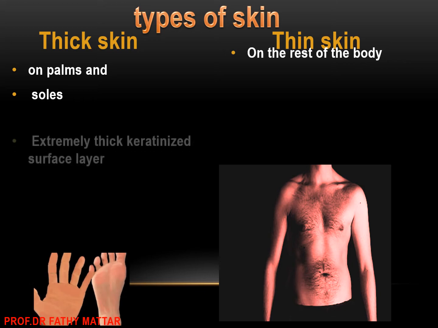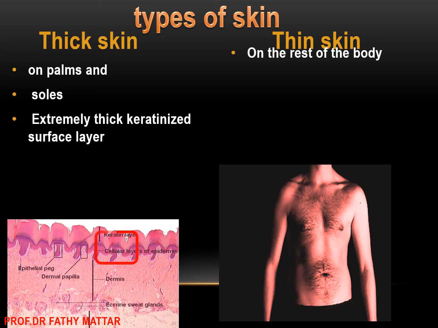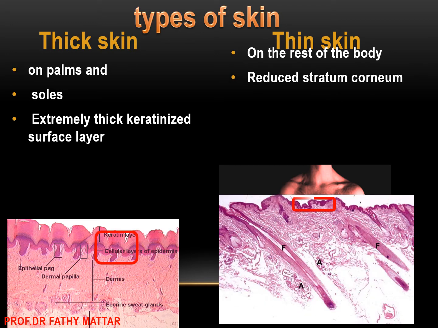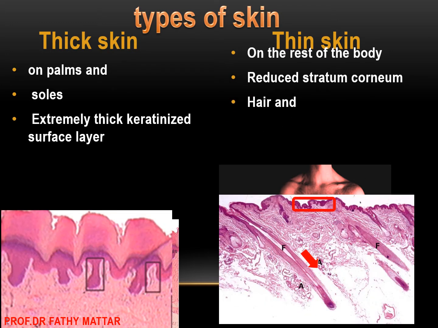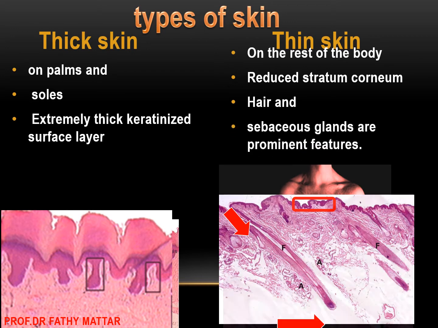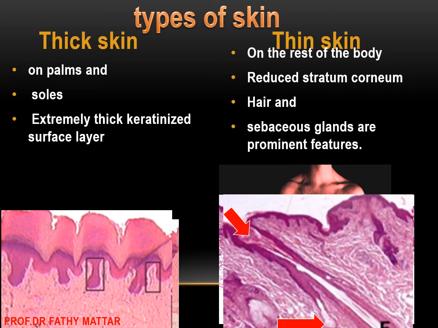The thick skin is called thick because the outermost layer, which is the epidermis, and the keratinized layer are extremely thick, especially the keratinized layer, while the thin skin has reduced stratum corneum or keratinized layer. However, it contains hair and sebaceous glands. That's why the thin skin is also called hairy skin.